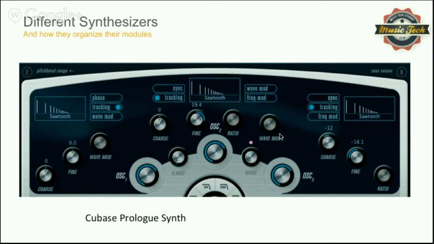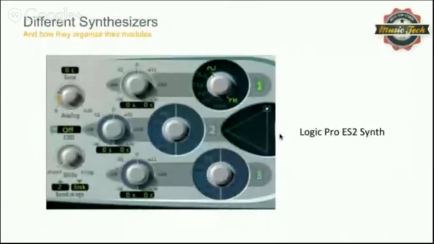Now, the next one we want to look at is the ES2, which is a Logic one. Like I said, I've only been using Logic just over a year now, maybe 2 years. This one is a fantastic synthesizer. I really like it, and it's got a different approach to amplifier and oscillators again. This time you mix the oscillators using this little triangle here.